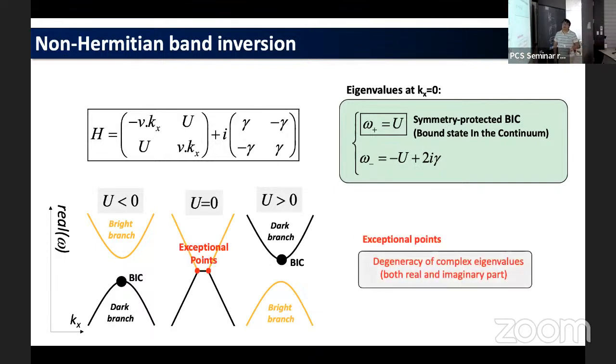And when we close the gap, we put U equal to 0. Since we are dealing with non-Hermitian physics, we don't have Dirac points, but 2 exceptional points. As you might know, exceptional points are where you have the simultaneous degeneracy of the real and imaginary parts, and also the eigenstates coalesce, and they are singularities of non-Hermitian physics. So a lot of interesting things happen at exceptional points.